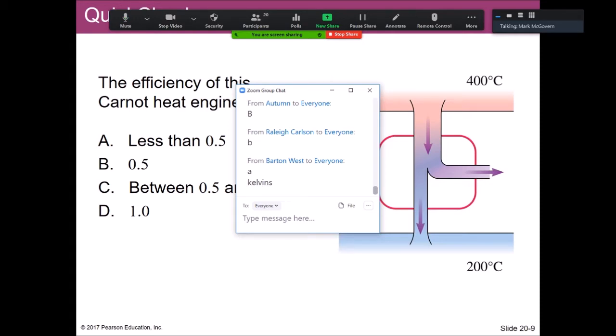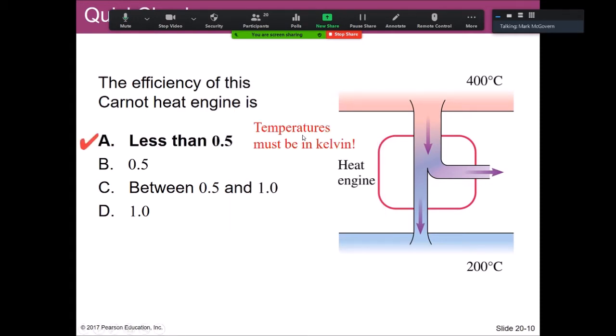You've got to do things in kelvins. So if you convert these to kelvins, this is 473 and this is 673, and you take that ratio, you're closer to, yeah, what? What are you actually going to be there?